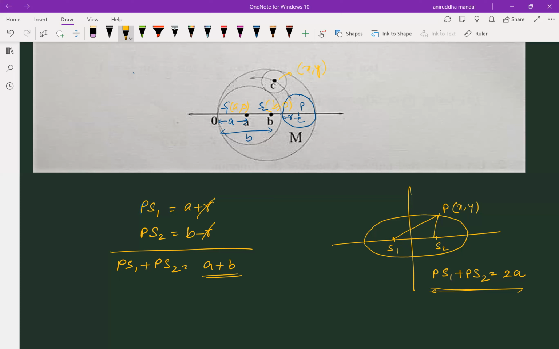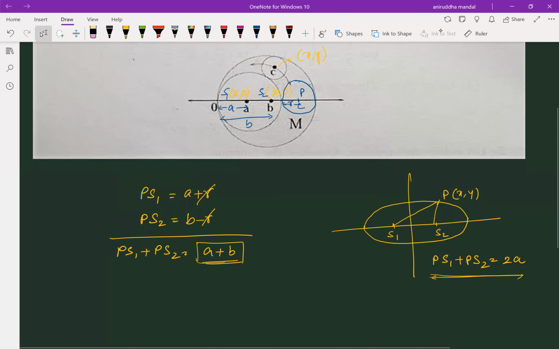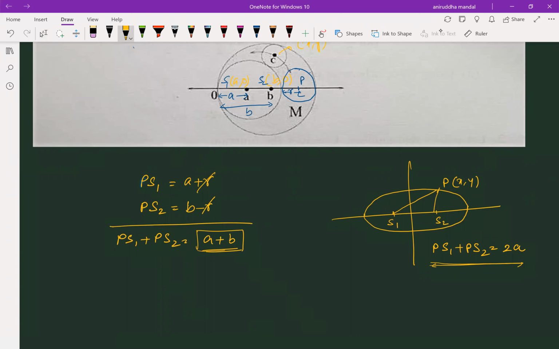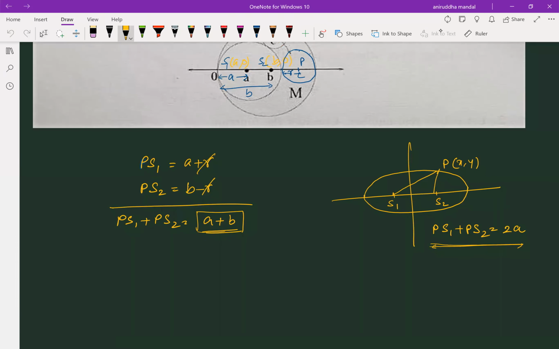So what we can write here is, now simply this is the length of the semi major axis of the ellipse. So we can use another form. We will write x minus alpha square over m square plus y minus beta square over n square, because a and b are taken.